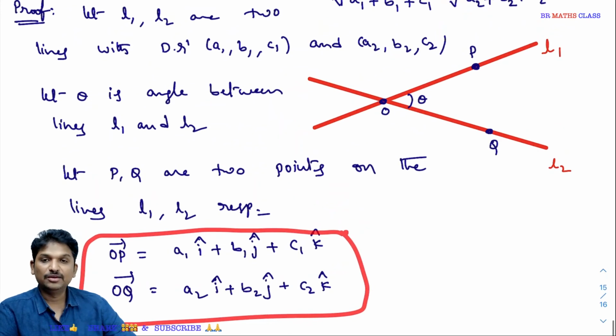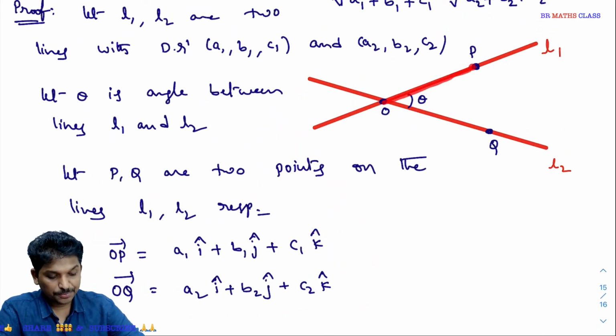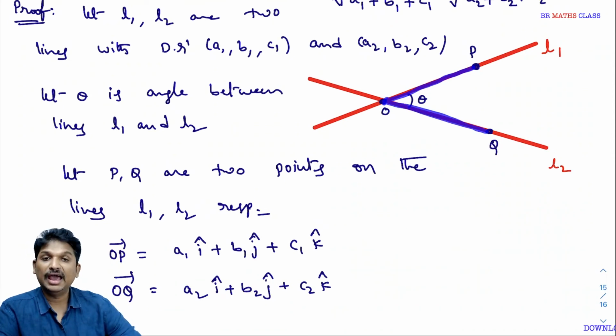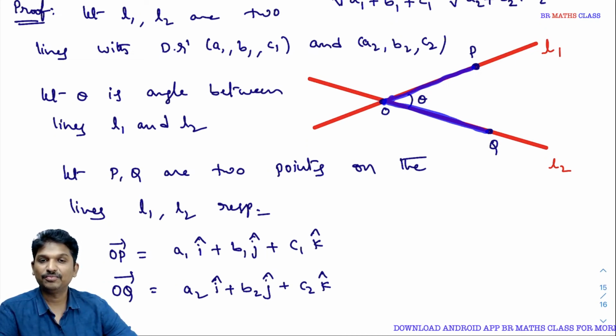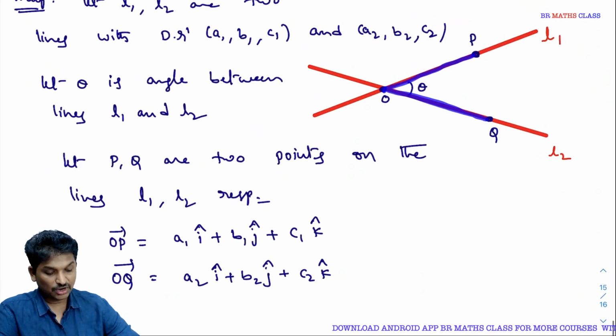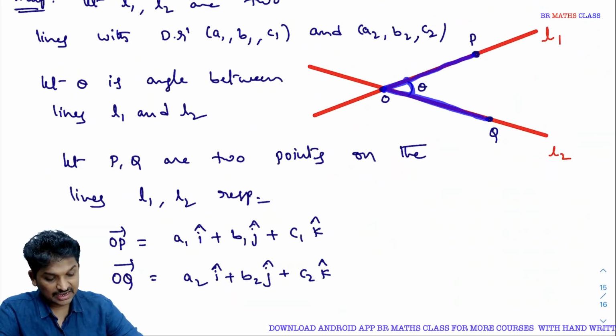You observe the diagram, the angle between OP bar and OQ bar is nothing but the angle between the lines L1 and L2, right? We learned dot product, na.